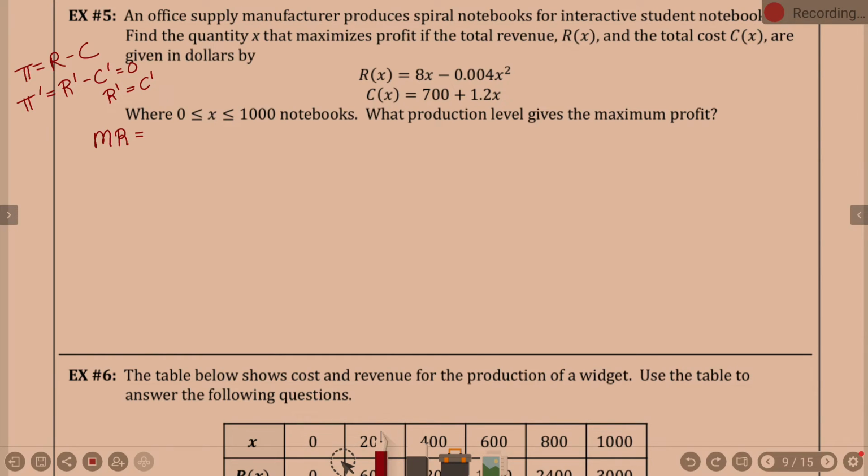Okay. Marginal revenue. What's the derivative of revenue? Eight minus 8 thousandths x. Marginal cost. What's the derivative of cost? $1.2 if I'm looking at my math correctly.